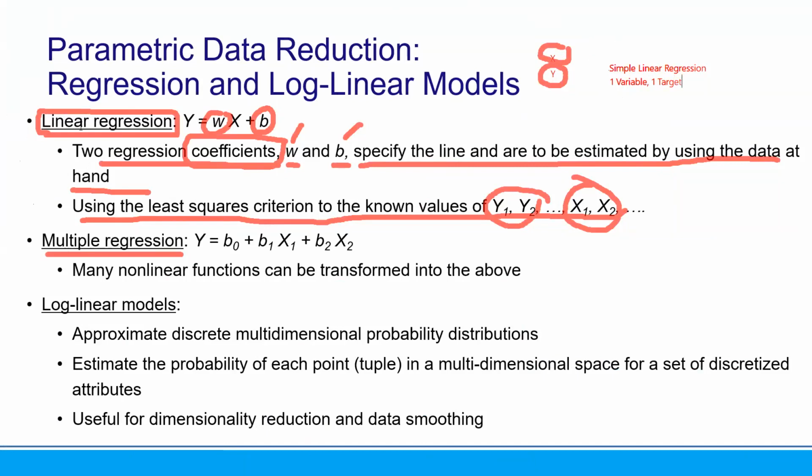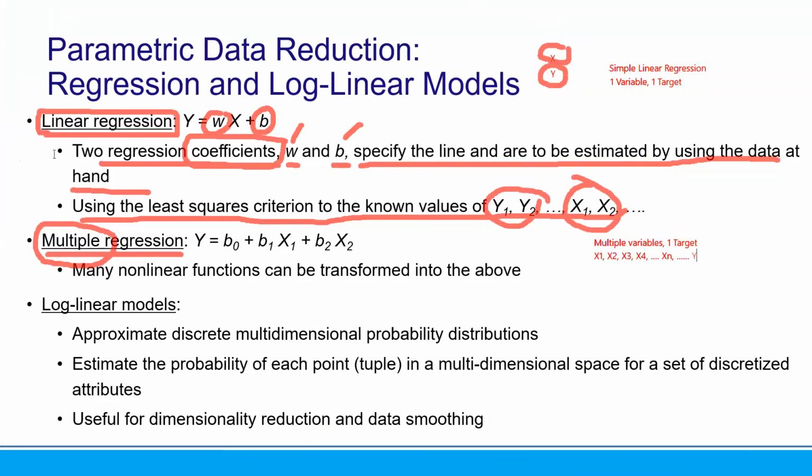So the multiple linear regression, from the word multiple, means we will have multiple variables, and usually we will have one target. So the multiple variables can be x1, x2, x3, x4, and so on until xn, and we will have one target, which is y.